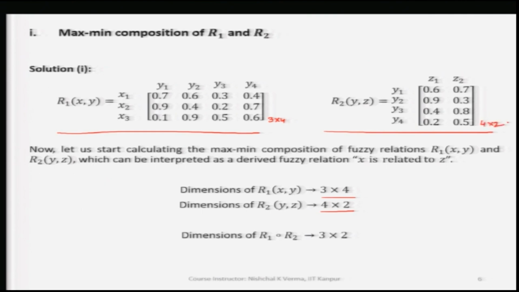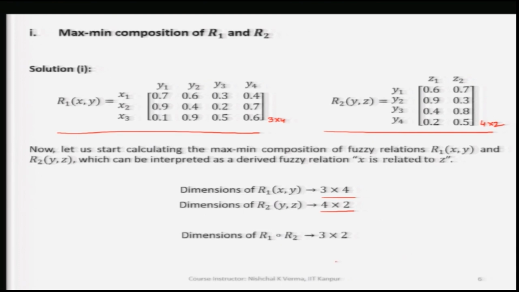As we already know, there is a condition that we have to follow: the columns of the first matrix should equal the rows of the second matrix, otherwise we cannot multiply. Since R1 is 3 cross 4 and R2 is 4 cross 2, we can multiply these two matrices.